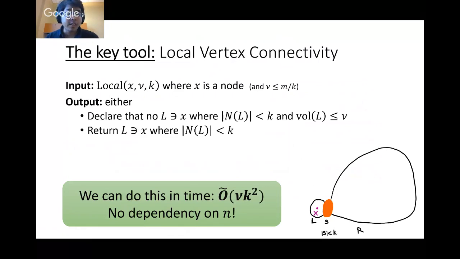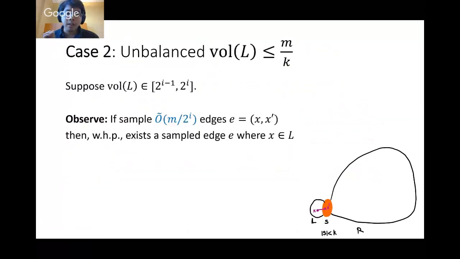So given these two, it perfectly fits into the framework, right? We sample M over 2 to the I edges.